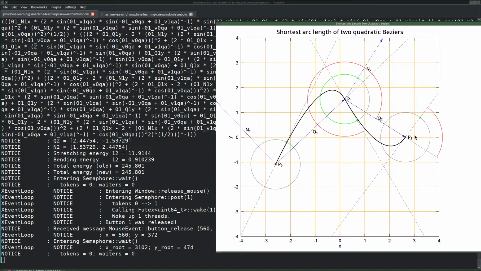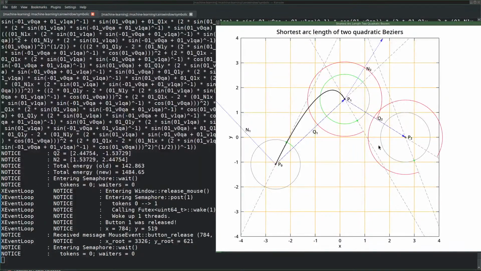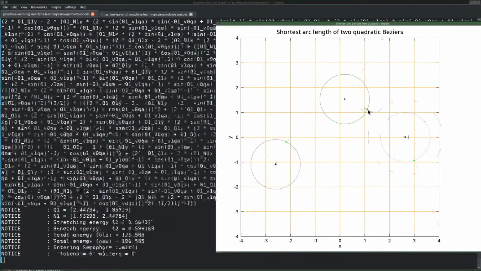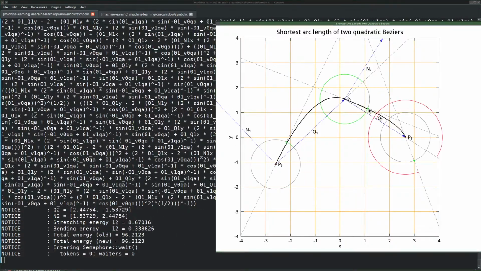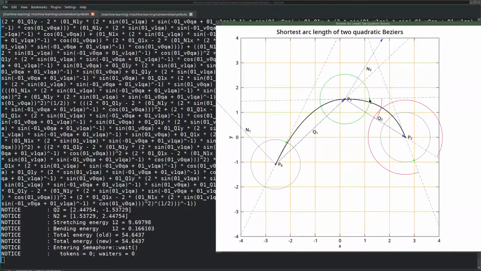And that is because this angle here points down. Of course, if I move this one such that it points up, then this is going to be a lot less. 2003, less than 100. 96, 91, 86, 72, 68, 61, 58, 55, 54, 53.